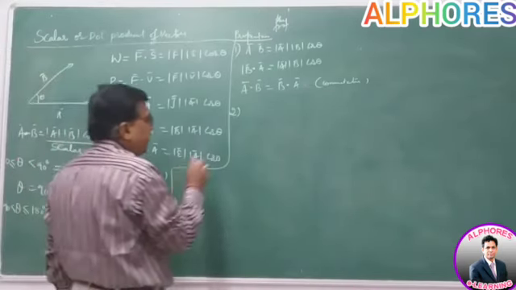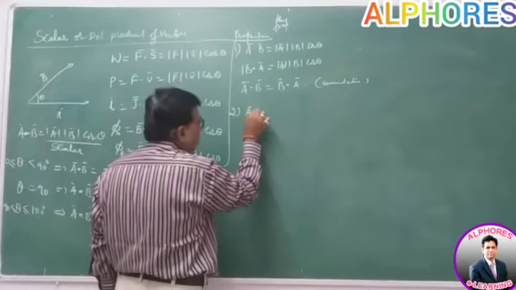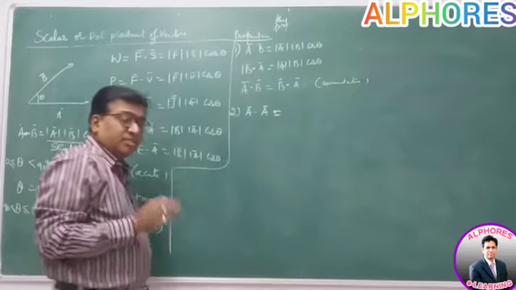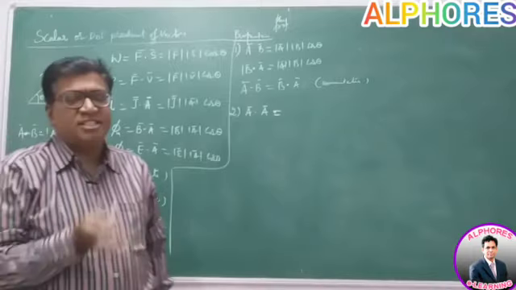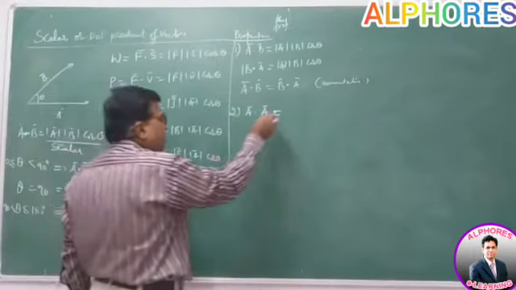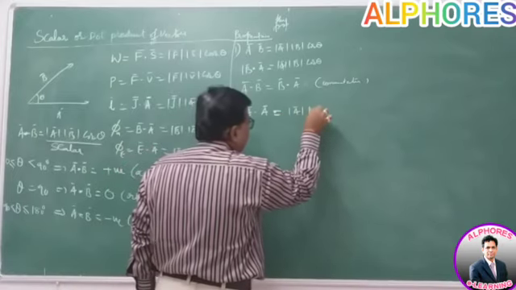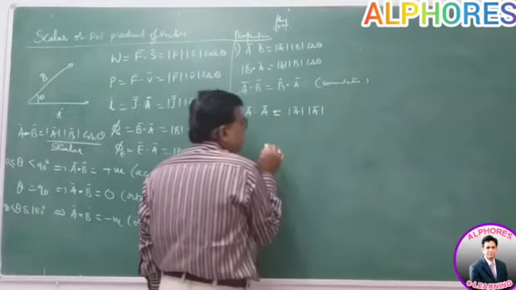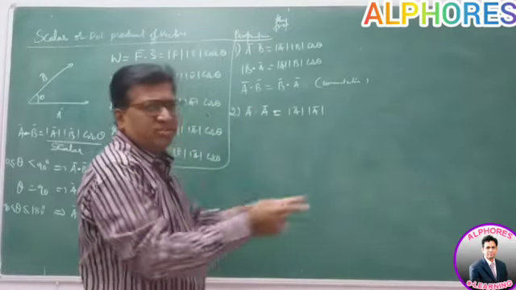Now suppose I take A dot A, the same vector in a dot product with itself. Then what is A dot A? According to the formula, A dot B is mod A mod B cos theta. The second vector is also A, so both are the same vectors, in the same direction.